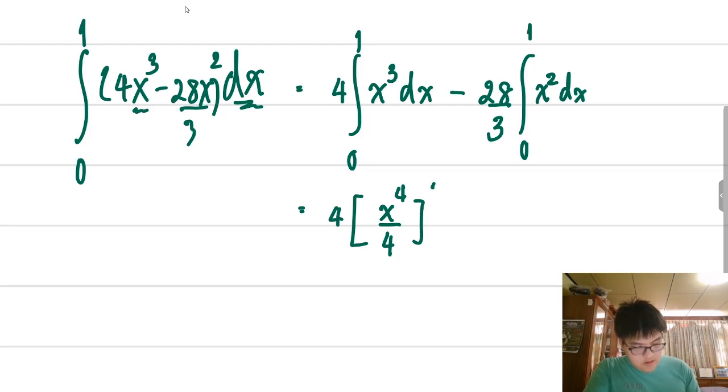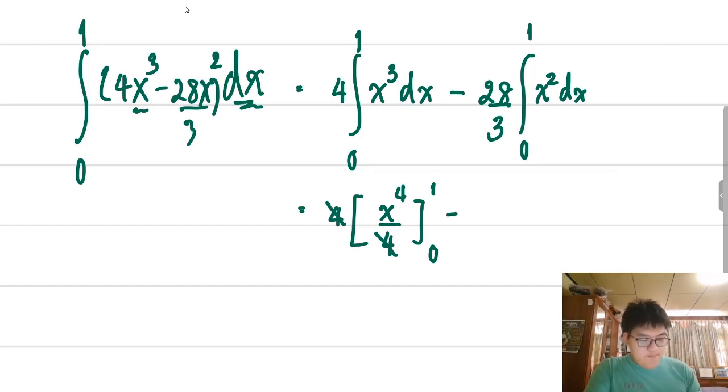This one has bounds 1 and 0. You can see here the constant is the same, it does not change. Okay, we can cancel the 4 to make it easier.